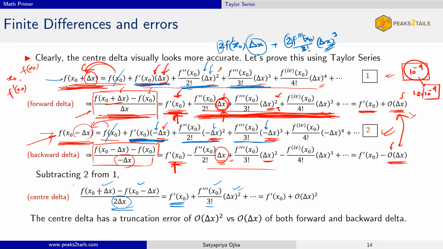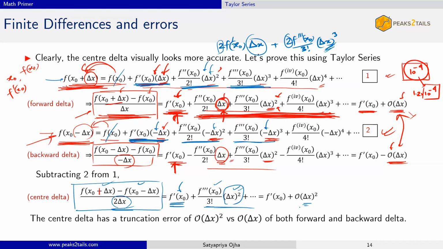So here you can see that this one approximates the derivative plus the error is of the order delta x square. Now you tell me which is smaller, delta x or delta x square? Delta x square, because delta x is a fraction.